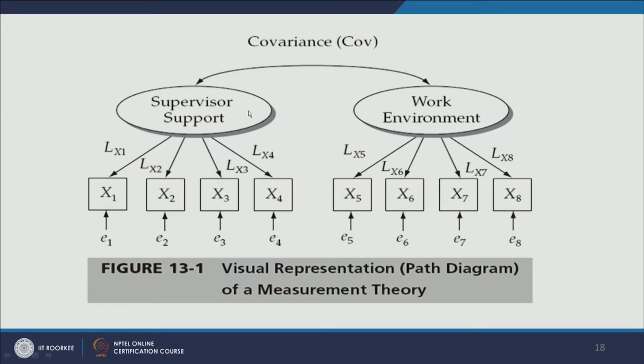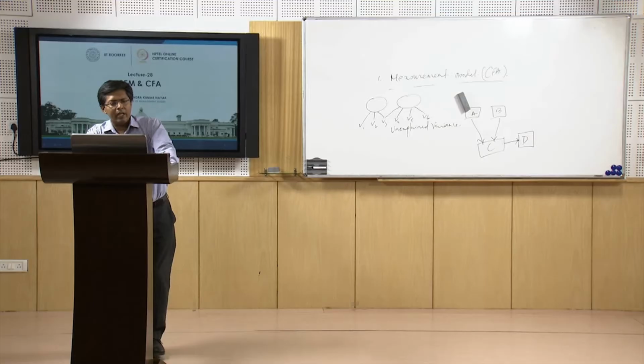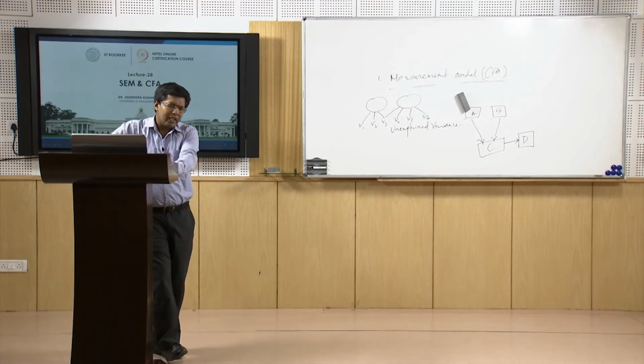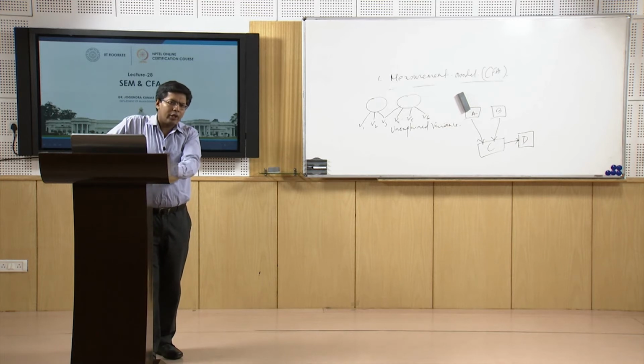These four are the variables for the first case and x5 to x8 are the variables for the second case, work environment. These variables are already predefined, as I have said many times; they have come out of theory, prior knowledge and literature.